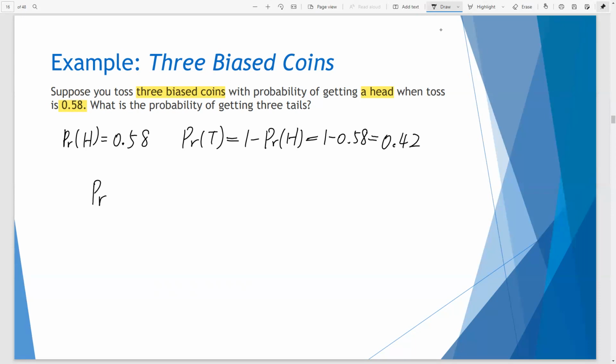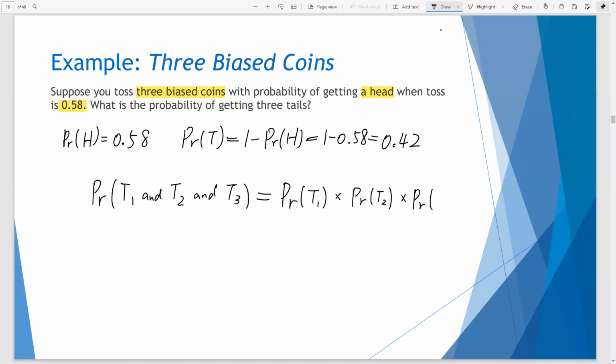It means the first is a tail, and the second is a tail, and the third is a tail. And one coin being a tail doesn't affect the second or the third. So that is the probability of the first being a tail times the probability of the second being a tail times the probability of the third being a tail.